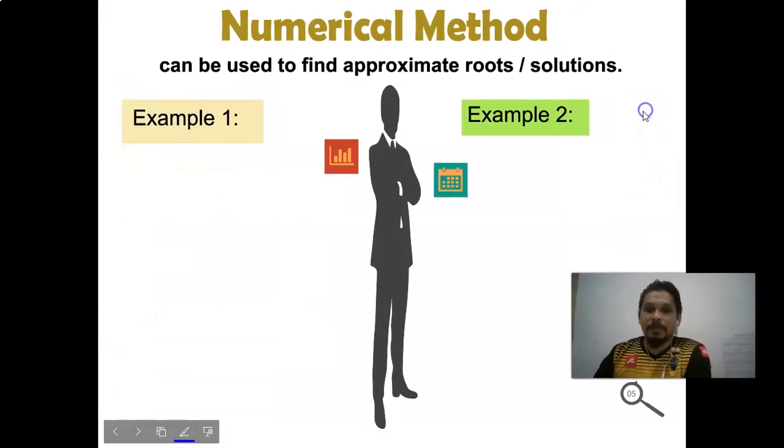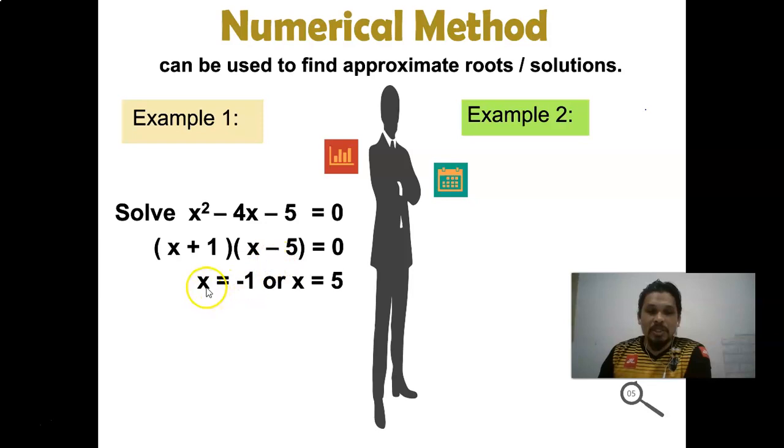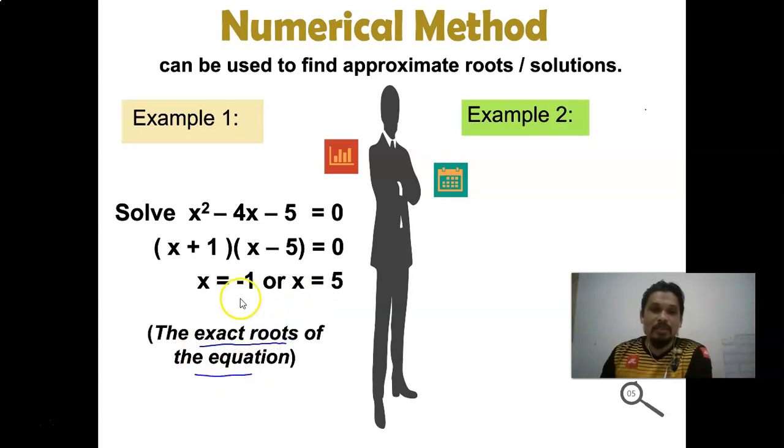Now, example 1. So x squared minus 4x minus 5 equal to 0. So we factorize, then we come up with a conclusion where x equal to -1 or x equal to 5. These are the exact roots of the equation, just like the previous example that I shared with all of you just now, where I wrote with a pen.